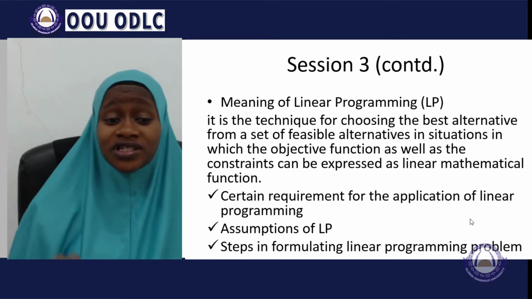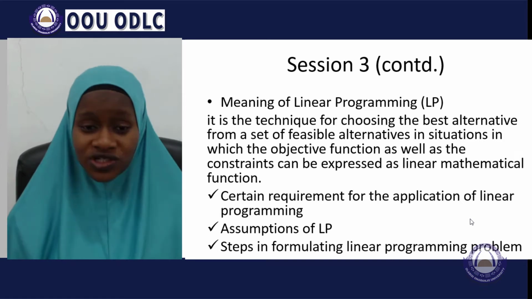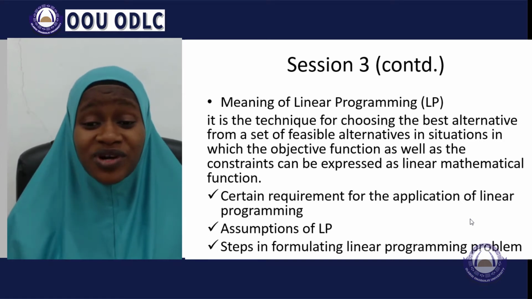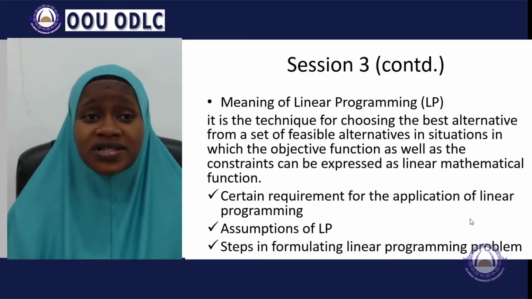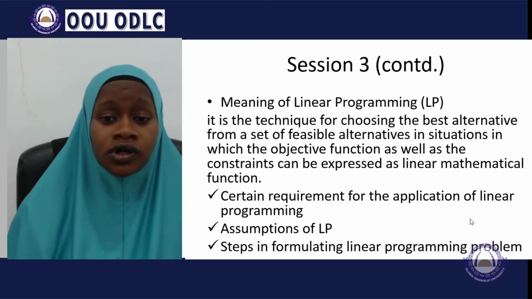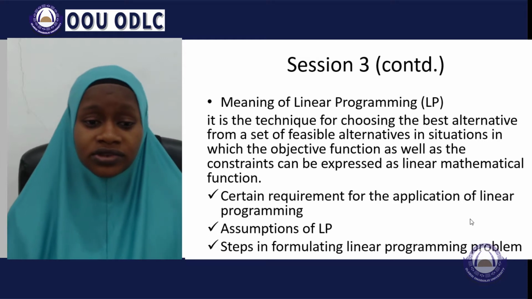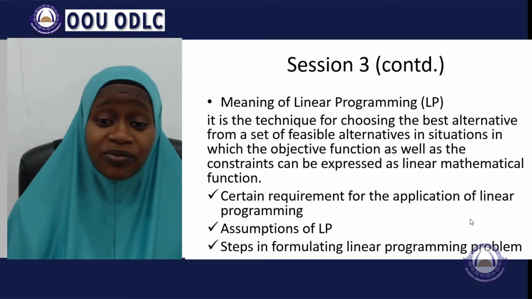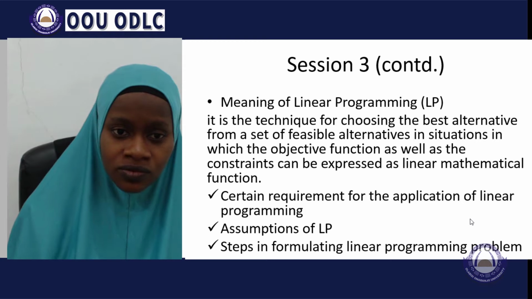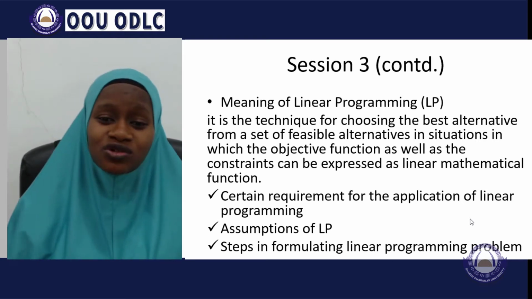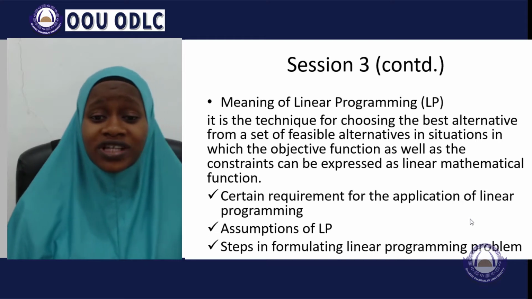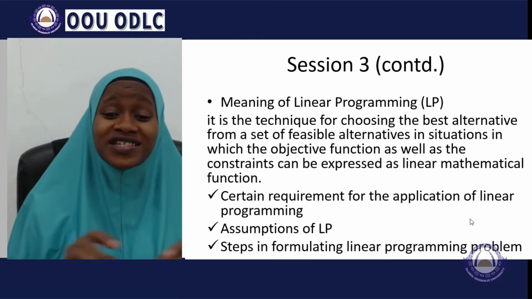If this is in place, then the application of the linear programming technique is feasible. So simply put, linear programming is all about choosing the best alternative among feasible alternatives.